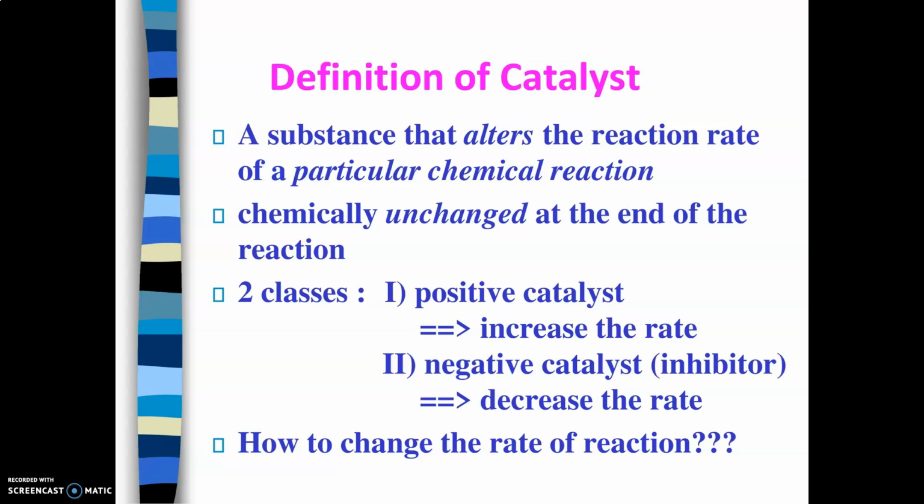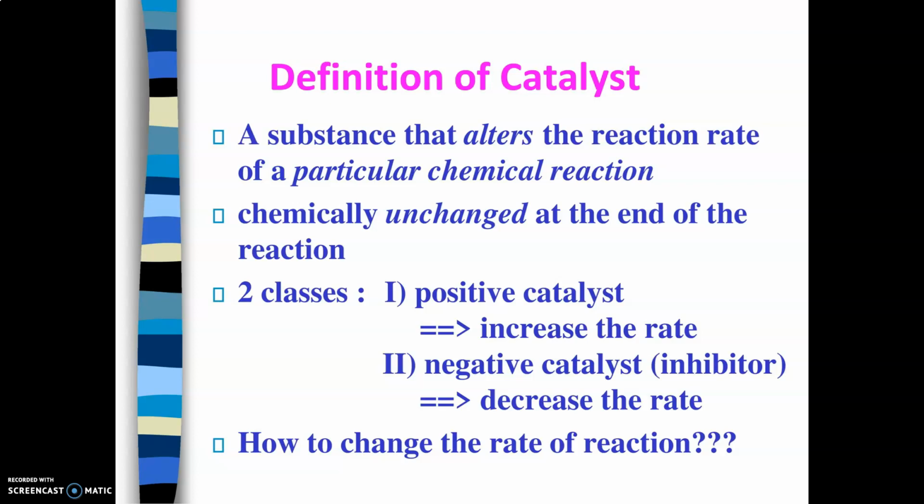It just speeds up or decreases the speed of a reaction. Now catalyst can be of two types, positive catalyst and negative catalyst. Positive means to increase, right? So positive catalysts increase the speed of the reaction. That means if any reaction is undergoing slowly, it speeds up the reaction.